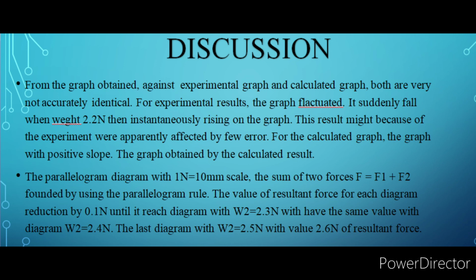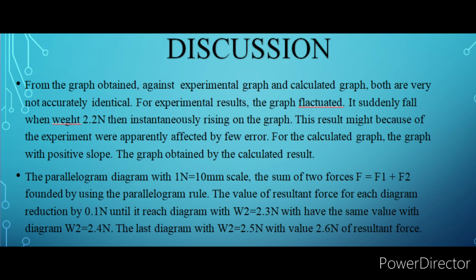The value of the resultant force for each diagram reduces by 0.1 N until it reaches the diagram with W2 equal to 2.3 N, with the same value as the diagram with W2 2.4 N. The last diagram, with W2 2.5 N, has a resultant force of 2.6 N.